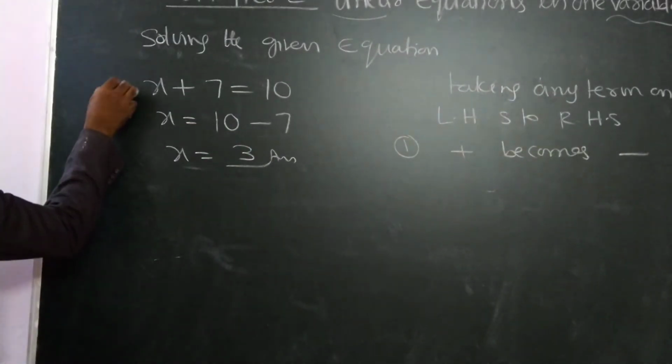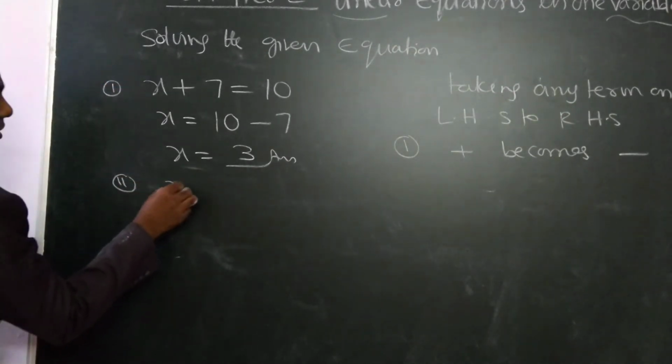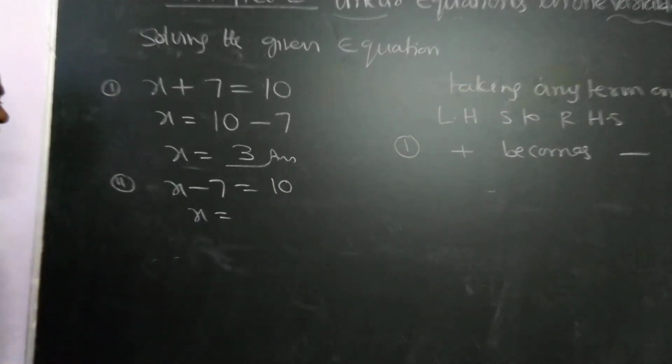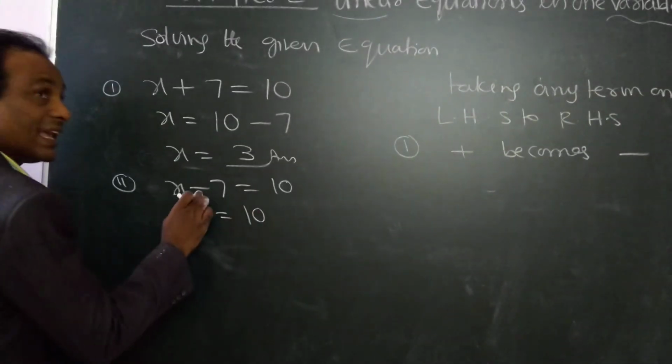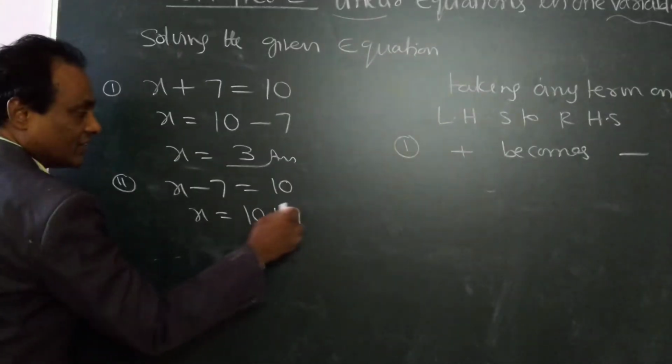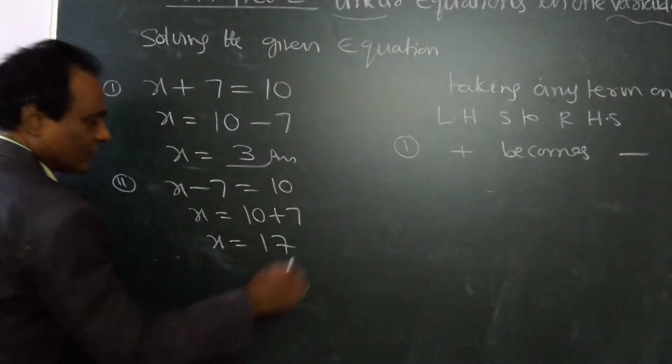Next, see here, don't write. x minus 7 is 10. What is x? If we take minus 7 to that side, it will be plus 7. x is equal to how much? 17.